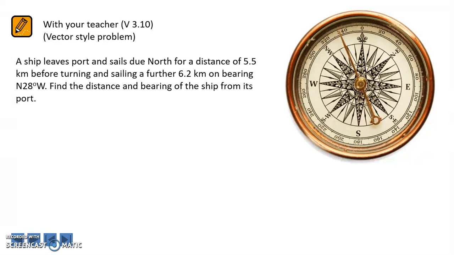So let's draw the diagram first and then check our diagram to see if it fits with the information that we've got. So a ship leaves port and sails due north. As soon as I see information like this, I think I'm going to draw myself a north, south, east and west diagram for a distance of 5.5 kilometres.